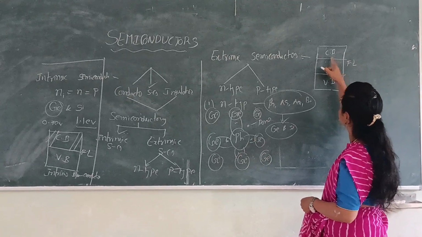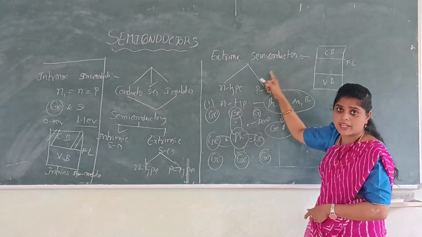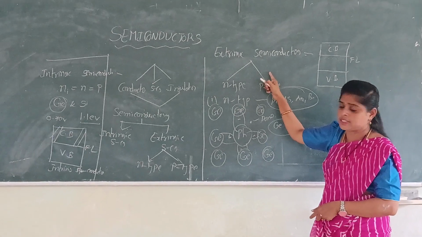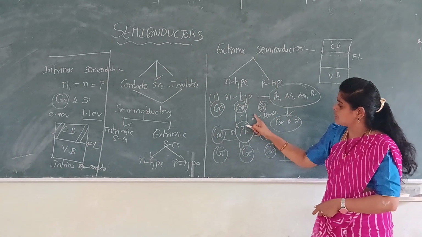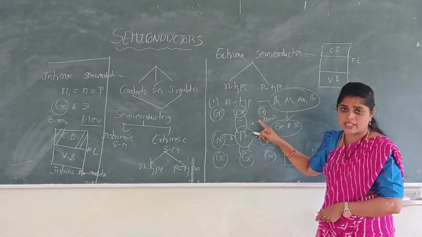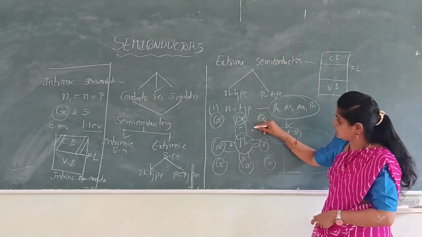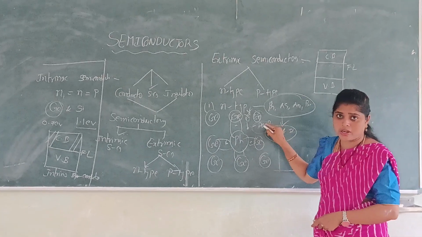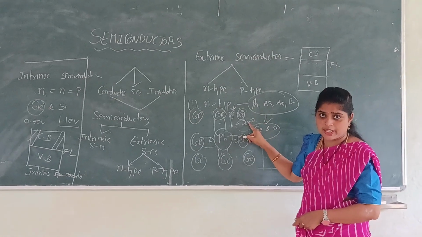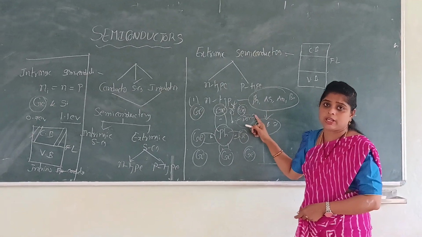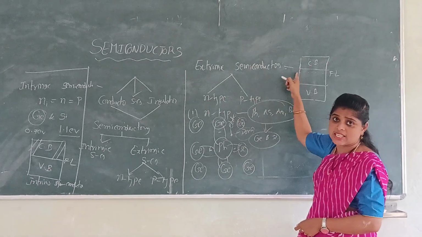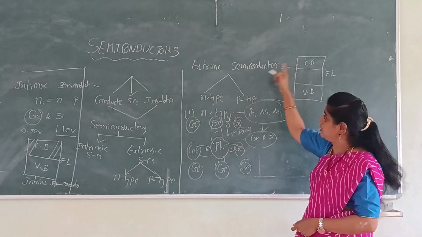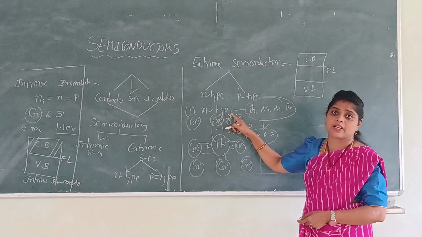So the Fermi level lies just below the conduction band in N-type semiconductors. The majority charge carriers are electrons and minority charge carriers are holes.